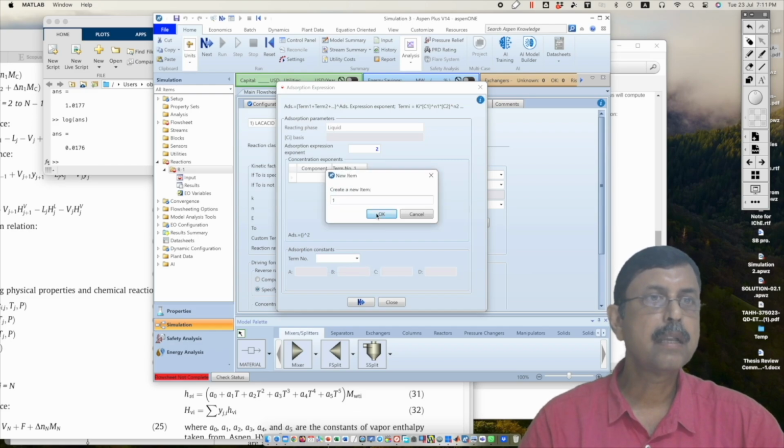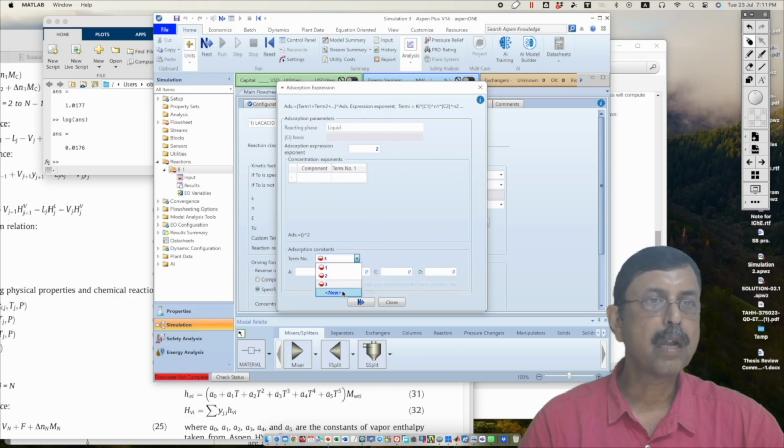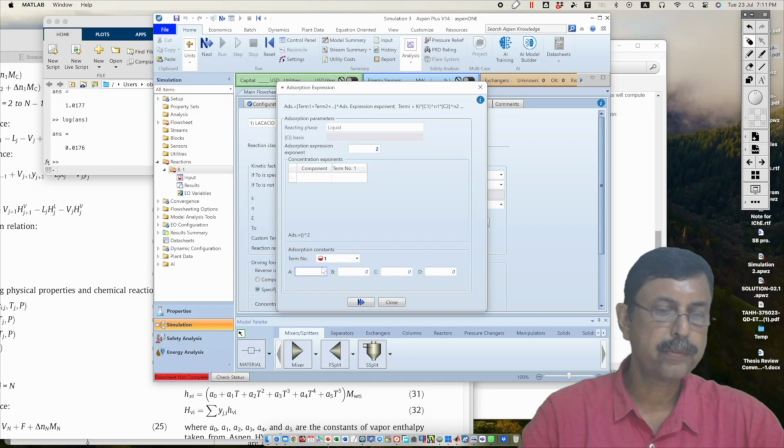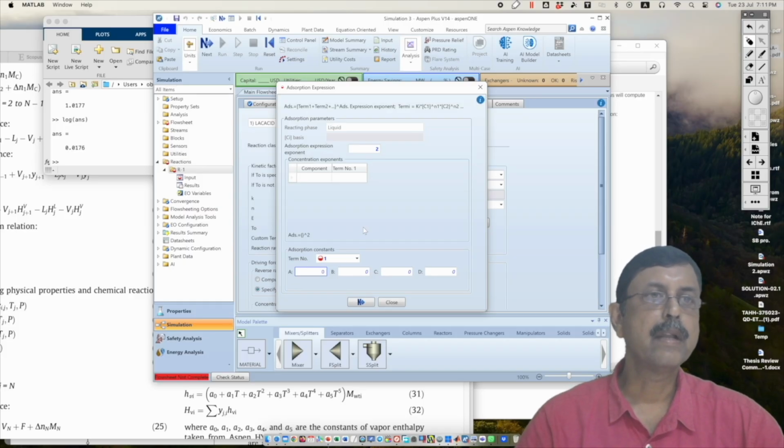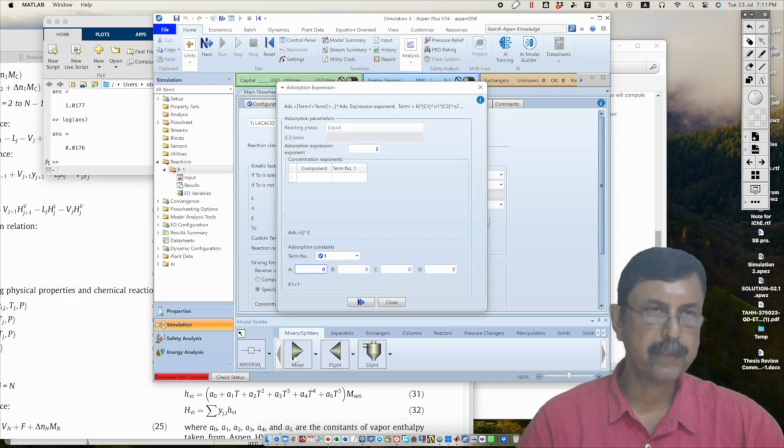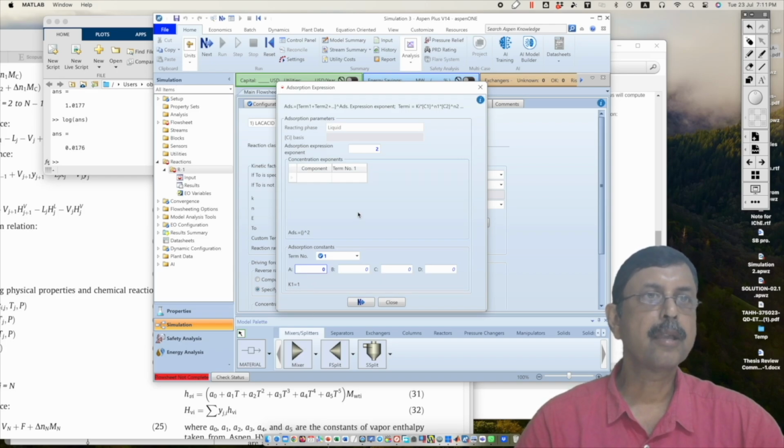And then we will write term 1, term 2, term 3, term 4, and term 5. Okay. Now first, for term 1, we'll use 0. Once we put 0, then K1 is equal to 1. So the first term is 1. Okay.